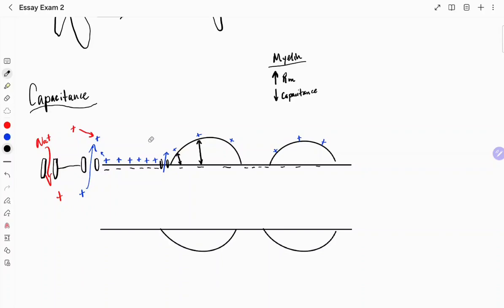Because of that, they have more power and energy and ability to repel other positive ions, which could push them back into the cell. And that means we have fewer separations per voltage in these areas. So myelin will decrease capacitance.